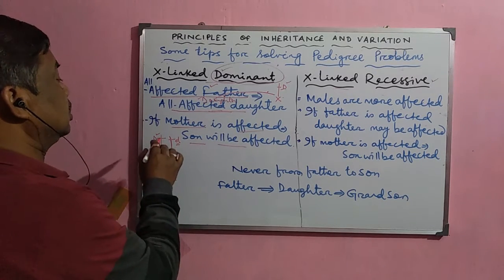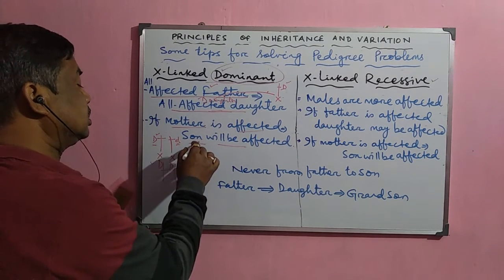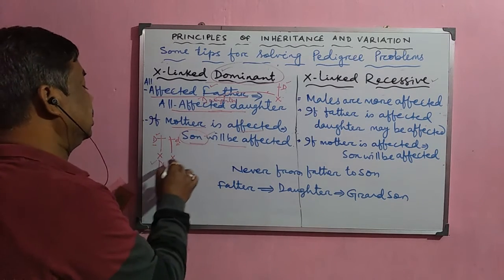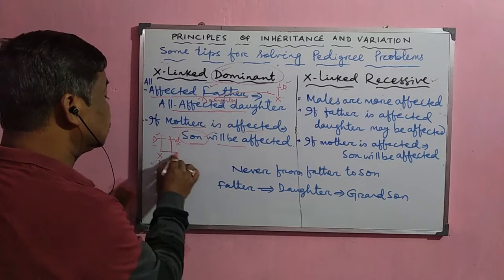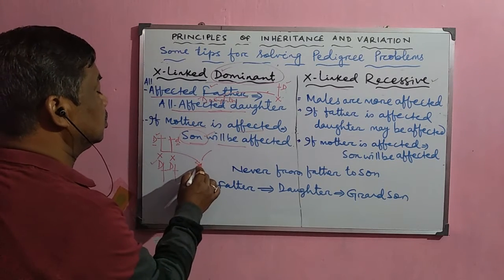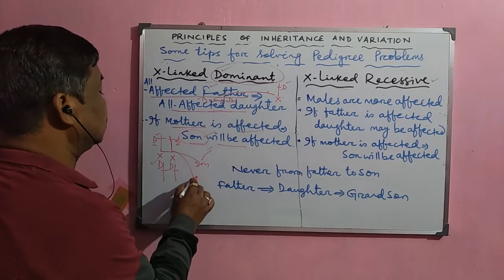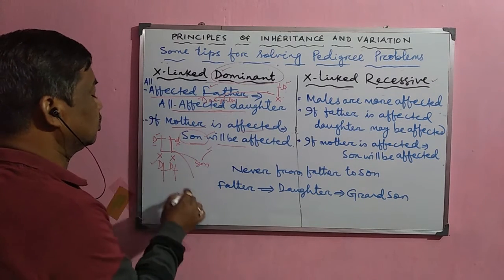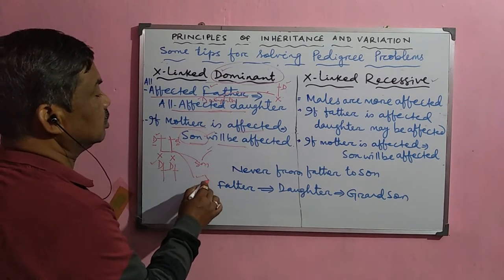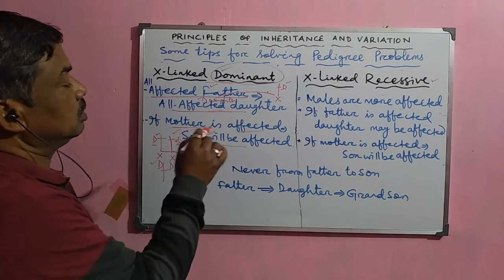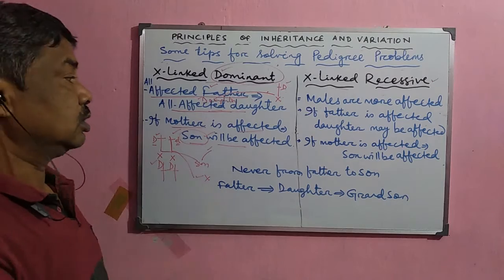So if the mother is affected, there is a 50% chance that the son will be affected. If this chromosome goes to the son, then he will be affected. And if the other X chromosome goes to the son, then he will not be affected. So that is why there is a chance of the son being affected.